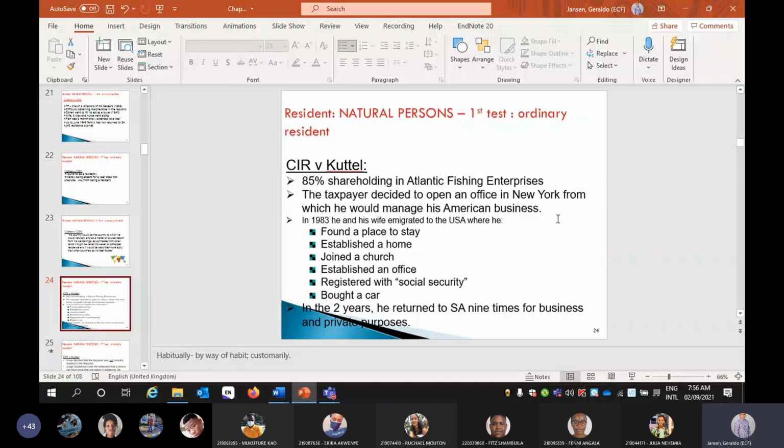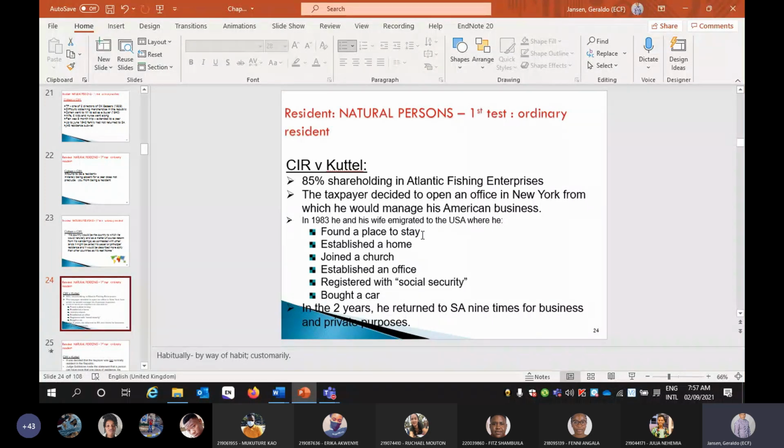Okay, so Mr. Kittel, we can see he actually now immigrates. So in 1983, he and his wife immigrated to the USA, and since he actually went to USA, that is where he found a place to stay. So it seems like he got a flat or a house. They don't give enough information whether he bought the house or whether he's just leasing.